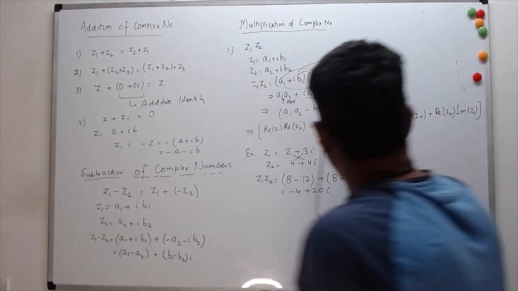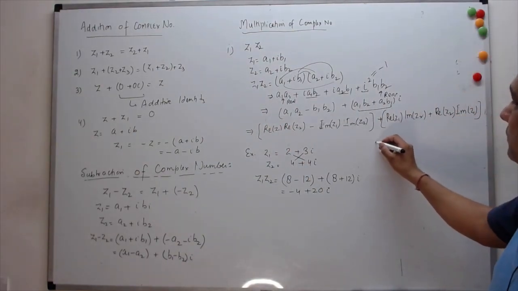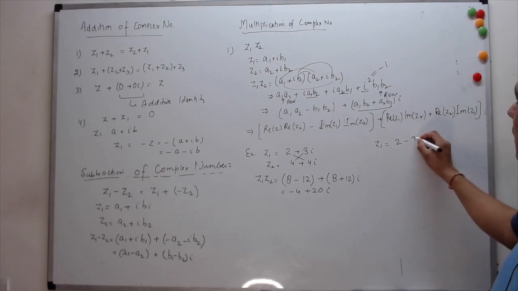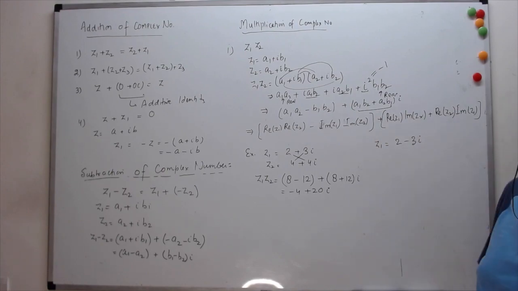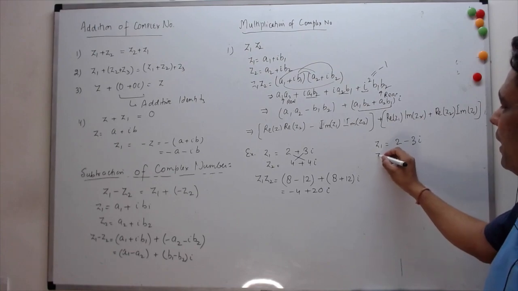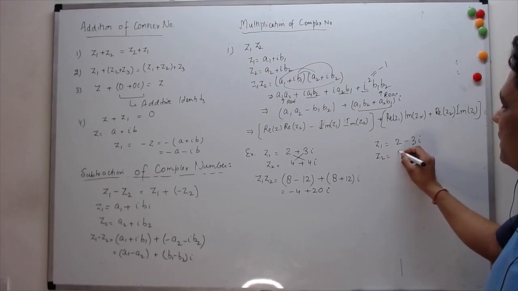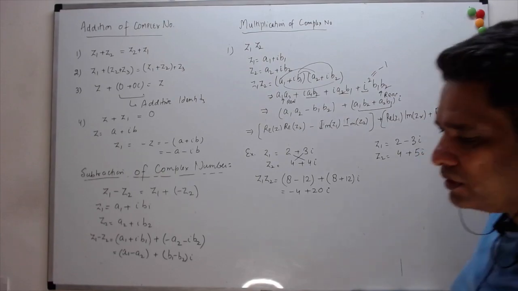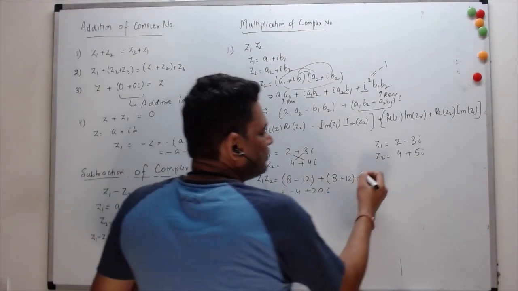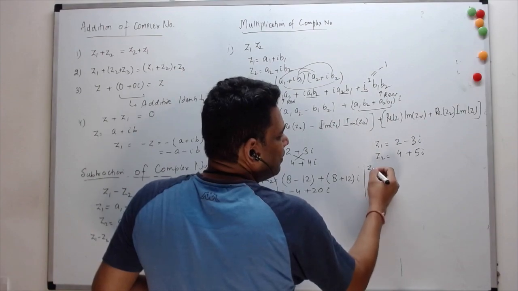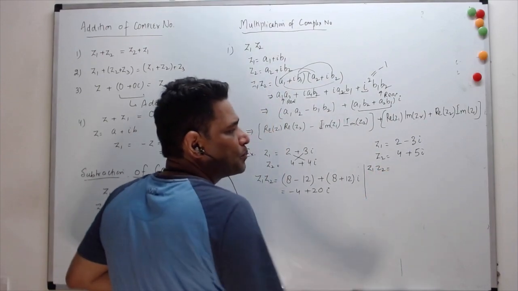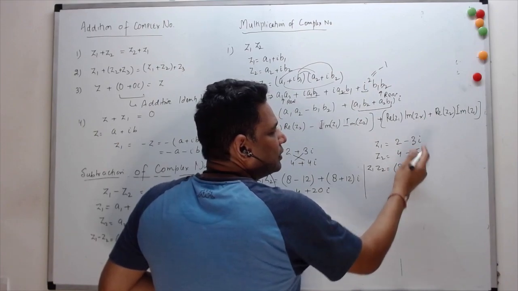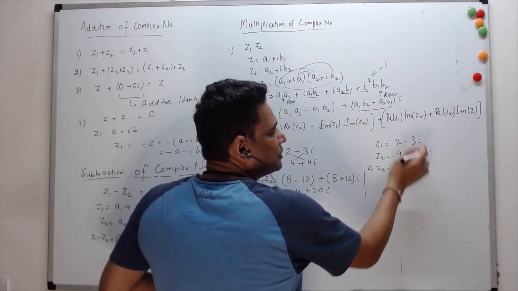If we take another example, Z1 is equal to 2, let's say I take the imaginary part as negative, and Z2 in this case, let's say 4 plus 5i, which is positive. Now in this case, if we do Z1 Z2, the real part would be 8 minus of this.